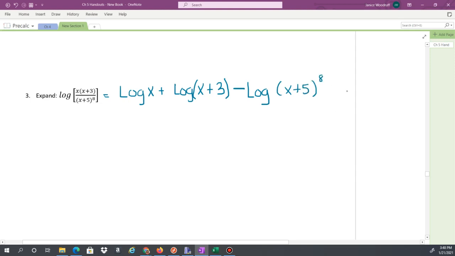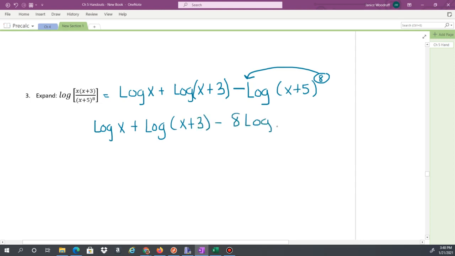From there, you're going to take the 8 and apply the power rule, and that looks like that's about it. So you've got log x plus log(x plus 3) minus 8 log(x plus 5). And now we are fully expanded.